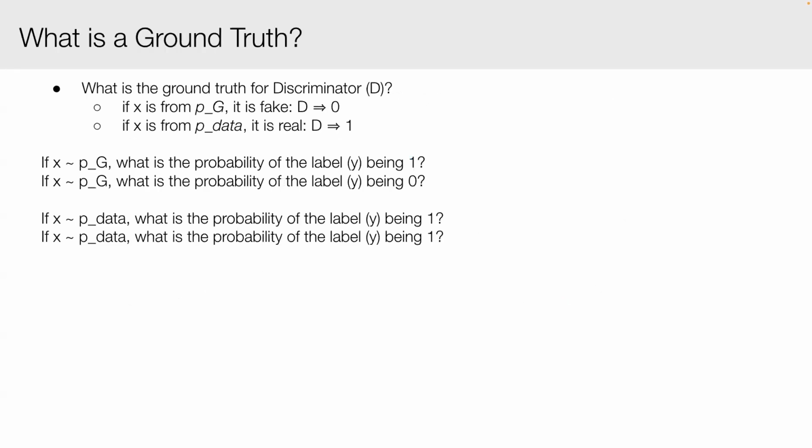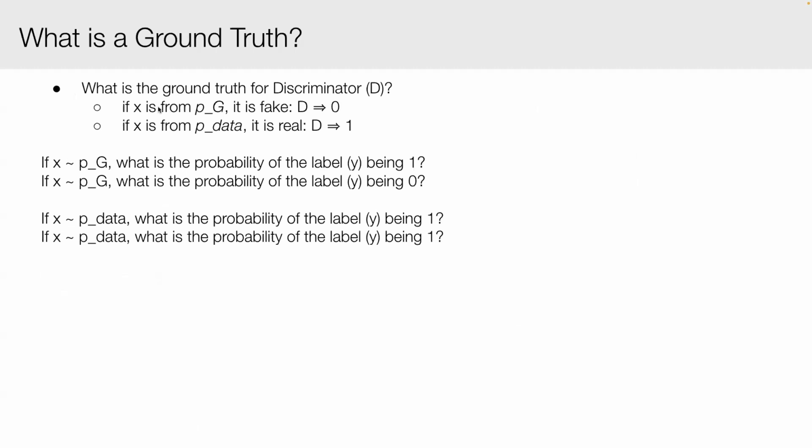Okay. So now we have to ask ourselves, what is a ground truth, right? So this is also something we've seen before, it's just written a bit more complexly. Again, remember our discriminator really has 2 classes, real or fake. Really, is this from the generator or is this from the data set, right? 2 classes.